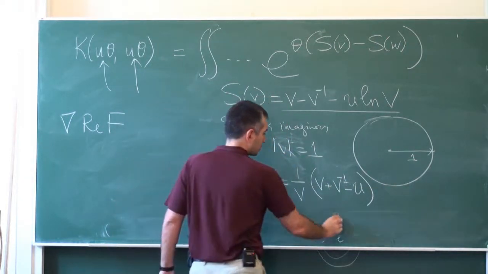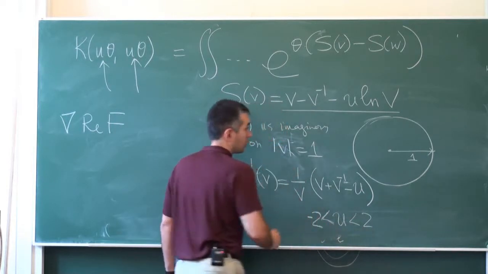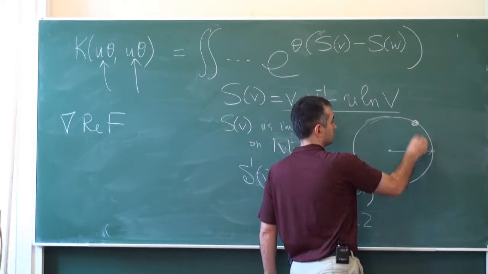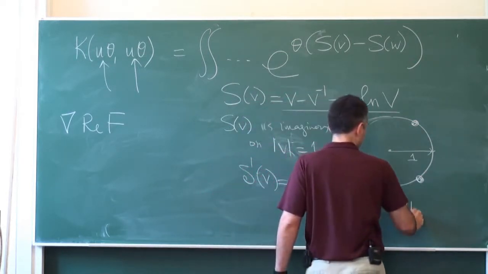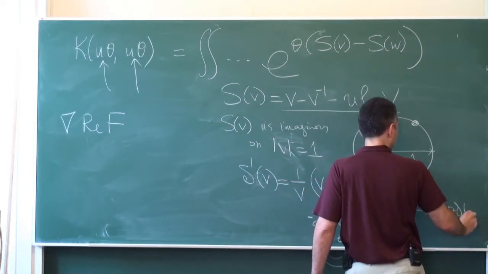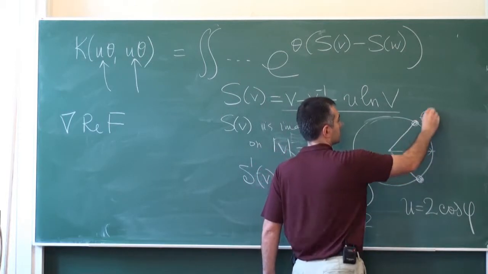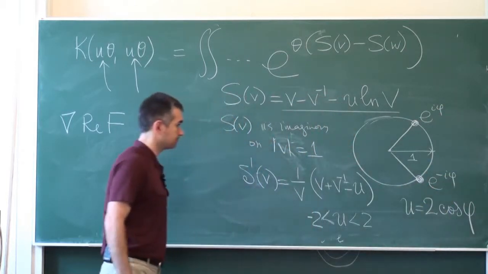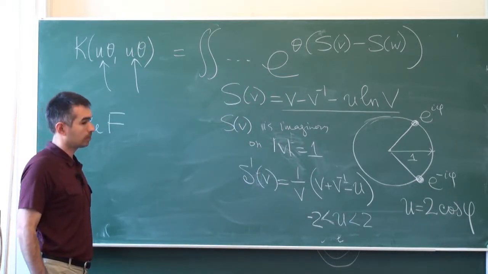So when u is between 2 and minus 2, this function has two critical points on the unit circle. If I write u as 2 cosine phi, then I have two critical points, which are e to the I phi and e to the minus I phi. Right?